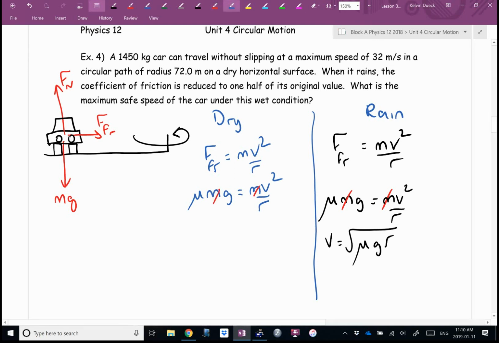How would I get the mu by itself? I guess the coefficient of friction is v squared over g r. When it's dry, the speed is 32 squared over 9.8 times 72. I'll call this mu dry, because otherwise I'm going to get them confused.